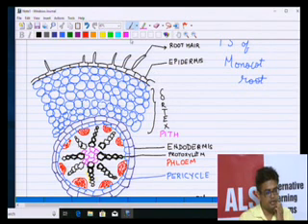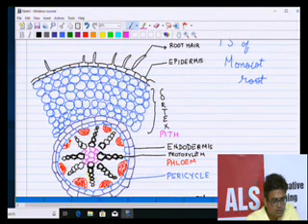Now pith is going to be very expanded here. So pith, I'm going to draw the full part here now. Pith is going to be very expanded. So you can draw very large cells in the center. And these cells will be slightly lesser in diameter as you come to the periphery. Okay. So the largest cells will be in the center.